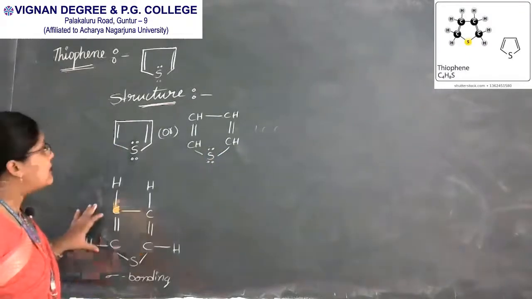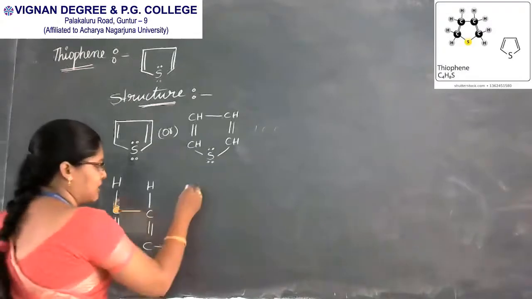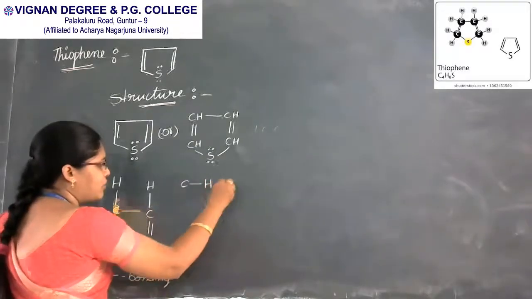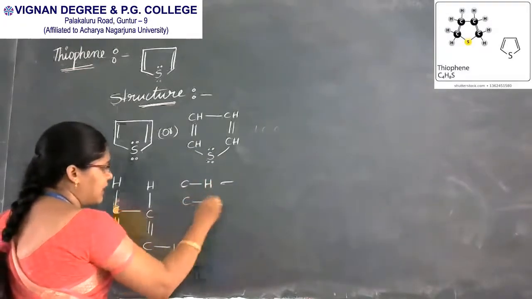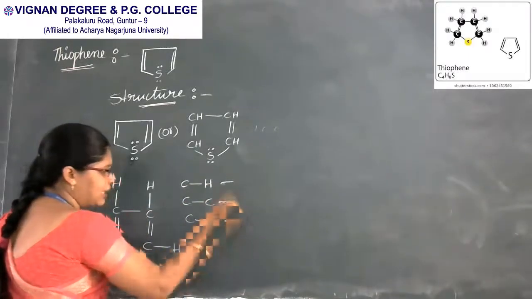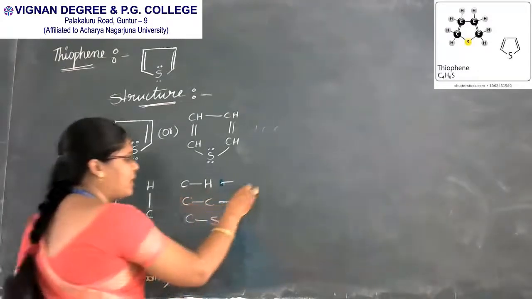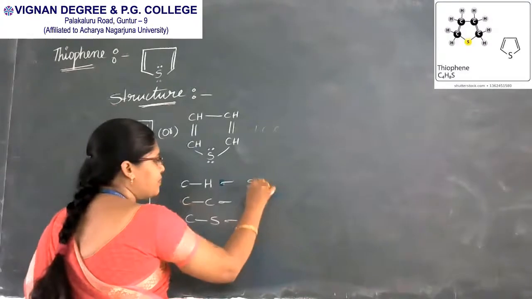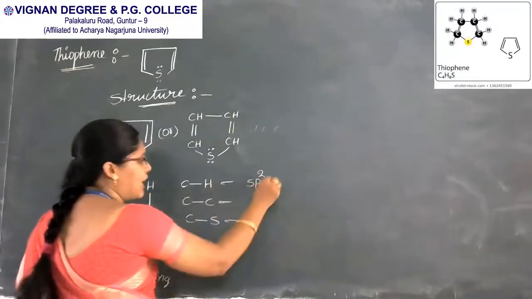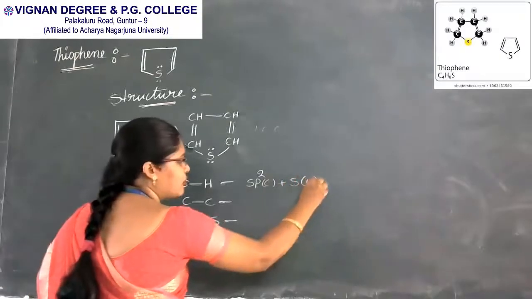In this thiophene structure, we are observing three types of sigma bonds: a carbon-hydrogen sigma bond, a carbon-carbon sigma bond, and a carbon-sulfur sigma bond. The carbon-hydrogen sigma bond is formed by the overlapping of an sp2 hybrid orbital of a carbon atom with the s orbital of a hydrogen atom.